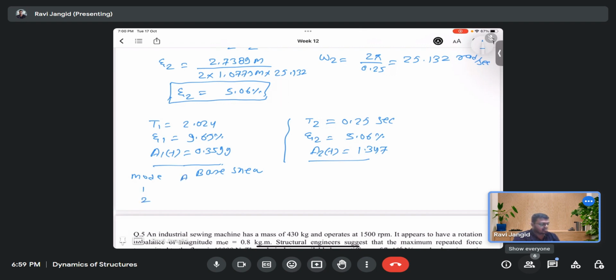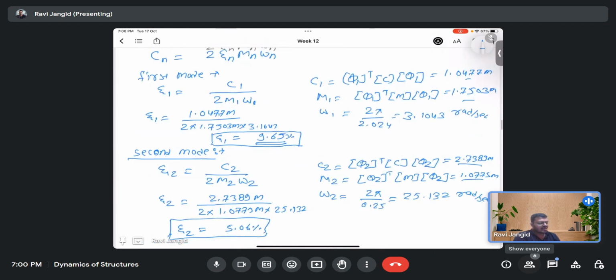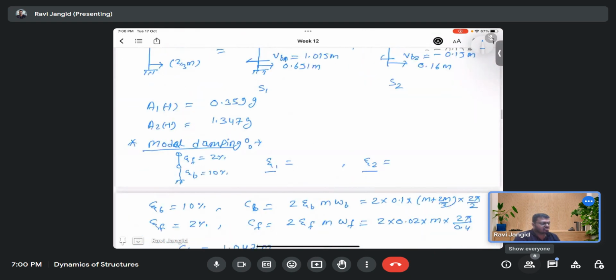In mode 1 it is 0.359g, in mode 2 it is 1.347g. What is my Vb? For the first mode I am looking only at the base.